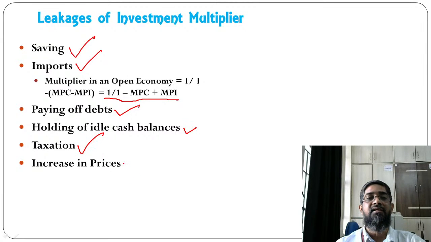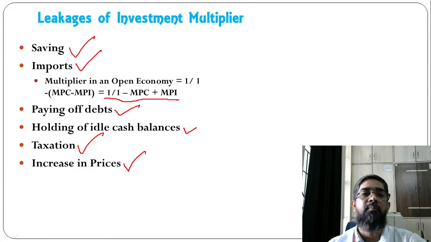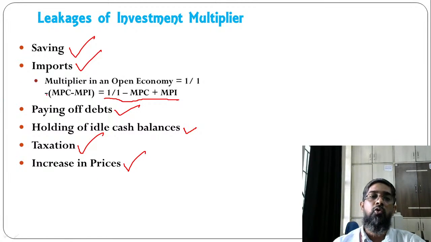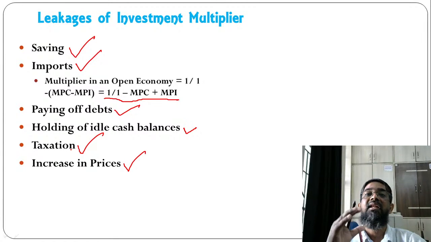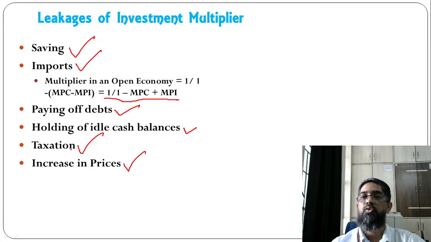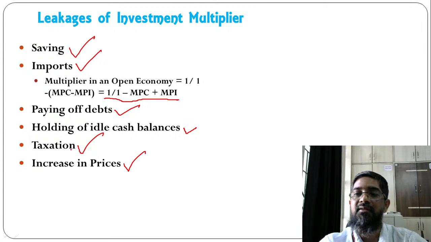Increase in prices will also affect the multiplier value. It reduces the size of multiplier. So saving, imports, paying off debts, holding of idle cash, taxation and increase in prices all have negative effect or reduce the size of investment multiplier, and they are treated as leakages of investment multiplier, right?